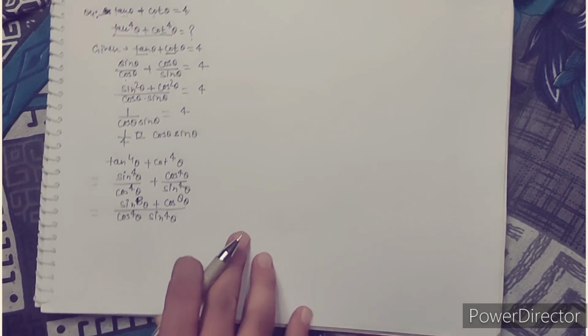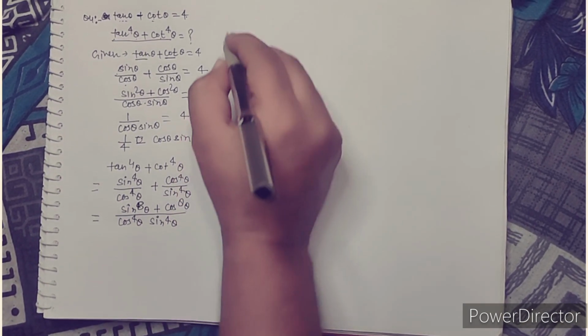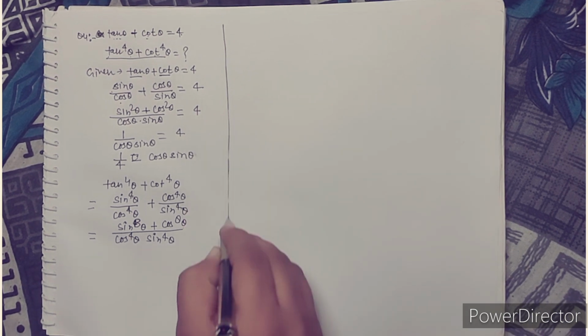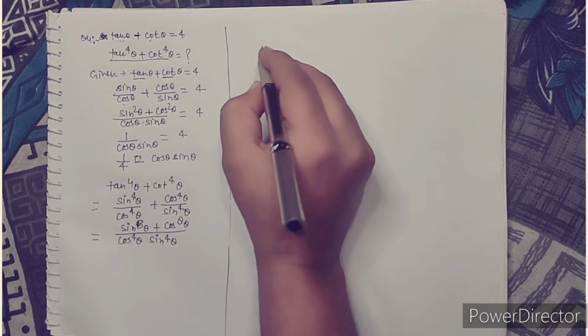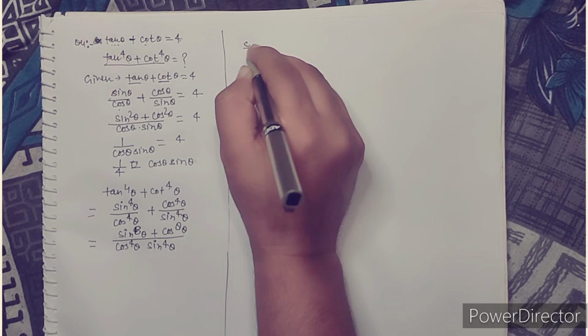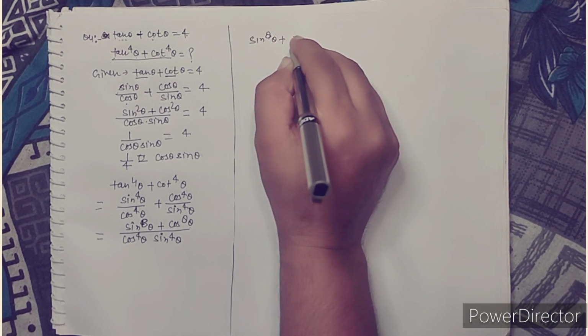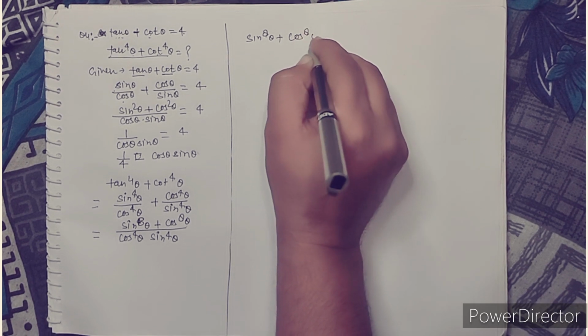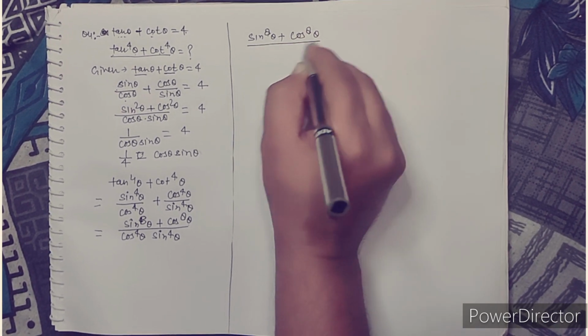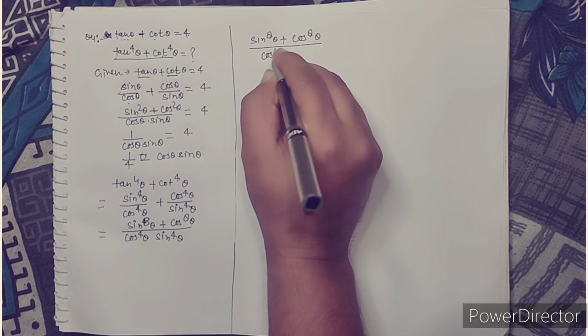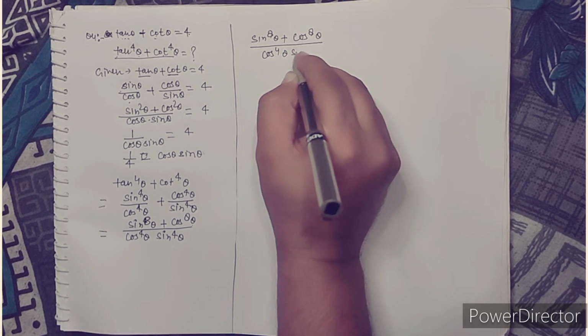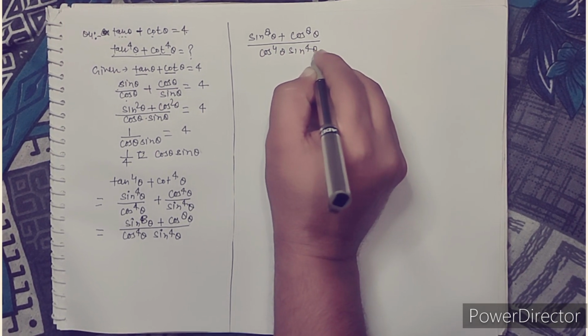We can also mention in this form. Now sin to the power 8 theta plus cos to the power 8 theta upon cos to the power 4 theta into sin to the power 4 theta.